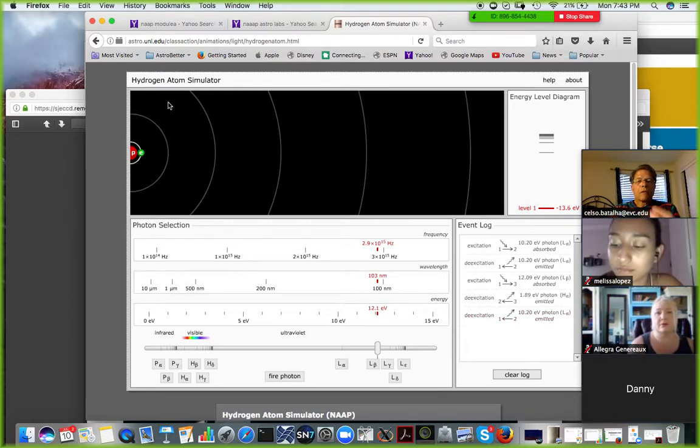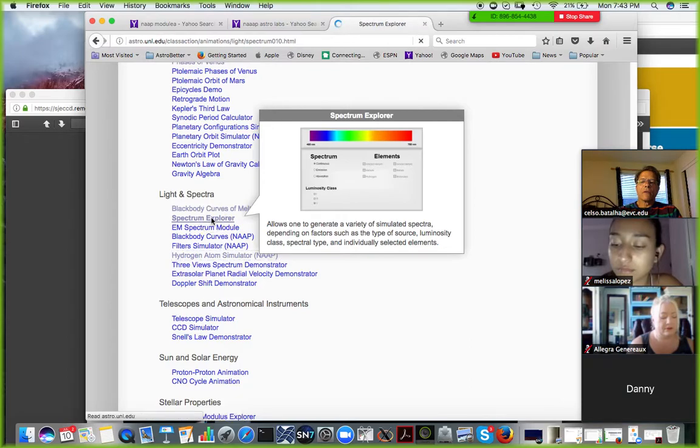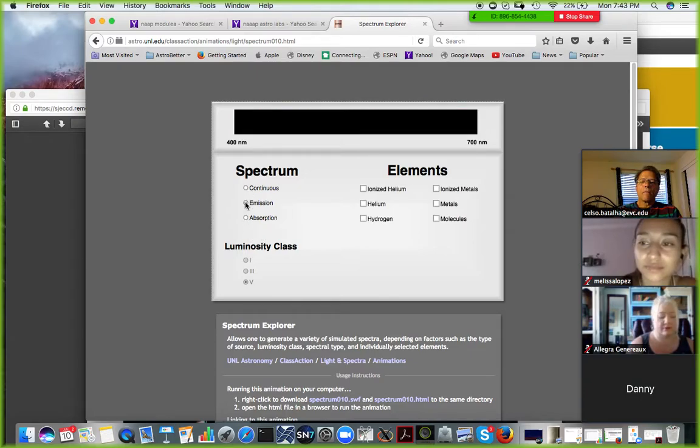That interplay of energy leads to what in our book is called the continuum, which is the rainbow you can see, or a set of emission lines like those of hydrogen or helium, or ionized helium, hydrogen, molecules, metals, and ionized metals.